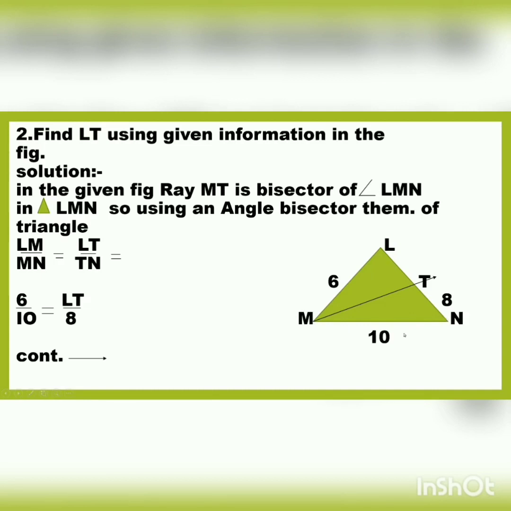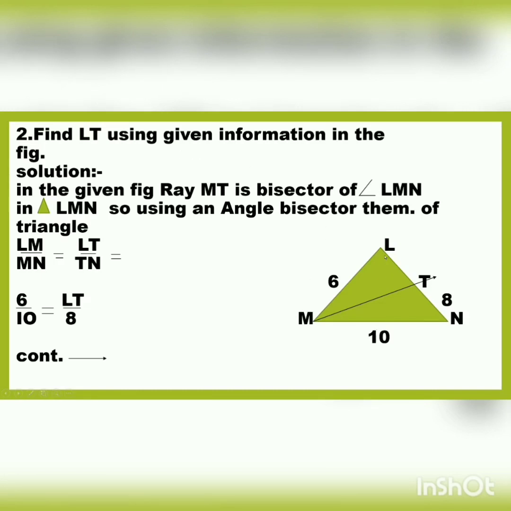In the figure, the value of LM is given. LM is equal to 6, MN is equal to 10, TN is equal to 8. You have to find out LT. In the question only, the question is given: find LT using the information.